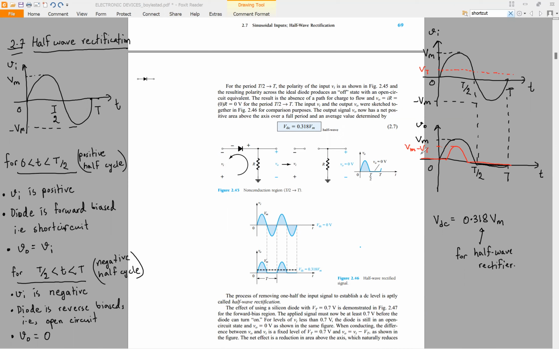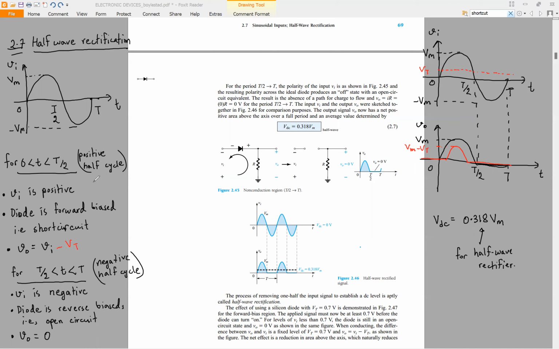Vm minus Vt. I hope this is clear. So for an ideal diode, the maximum output is Vm. For a simplified diode, the diode will consume Vt voltage, so the output will be Vm minus Vt.